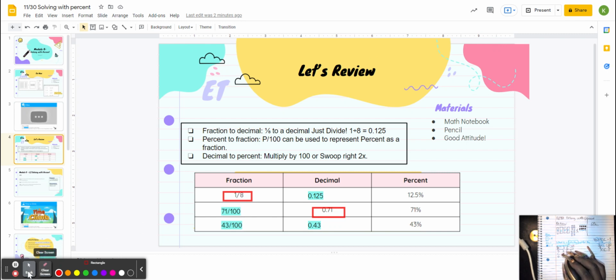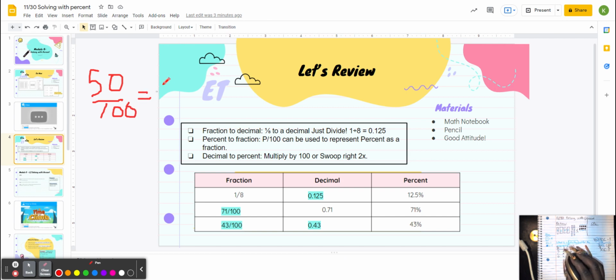What I started to see yesterday was that if we had 50 over 100, some people were telling me that this is 5%.